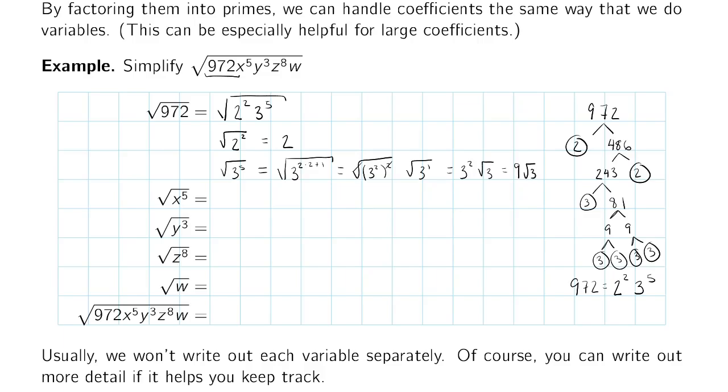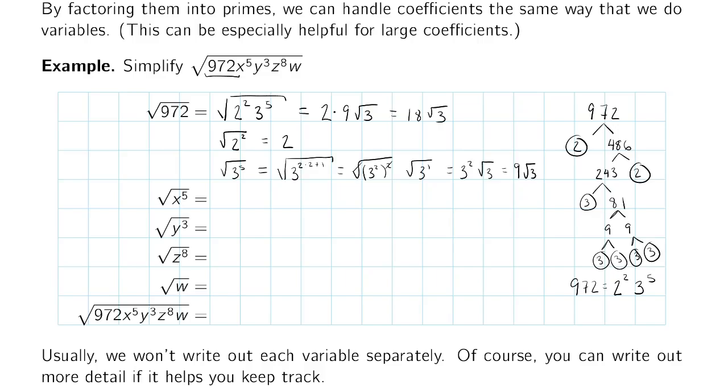Putting these two back together, the square root of 972, I have 2 times 9 times the square root of 3. That's 18 times the square root of 3.